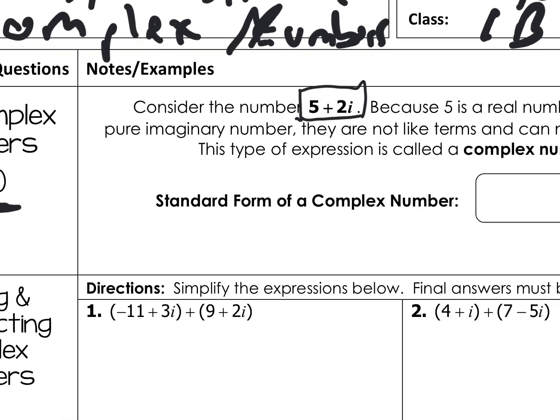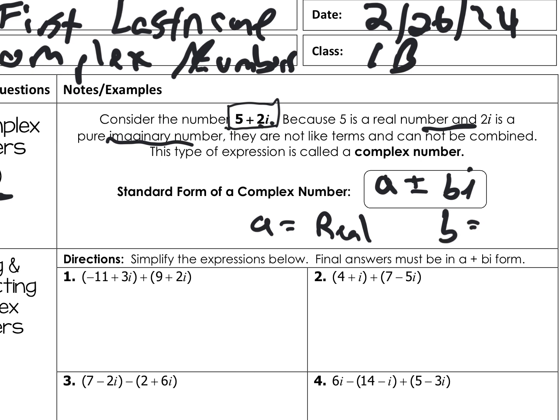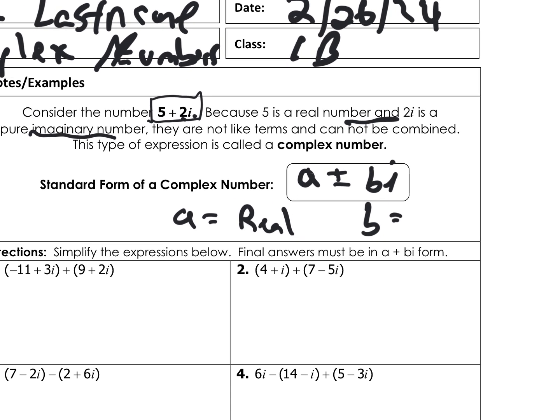But you put both those together, a real number of 2 and the pure imaginary number. The real number 2, when you connect it to i, becomes a complex number. So we just say that the standard form for a complex number is a plus or minus bi, where a is the real part and b is the real number part in front of i.